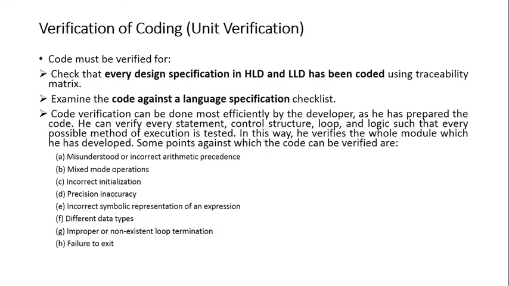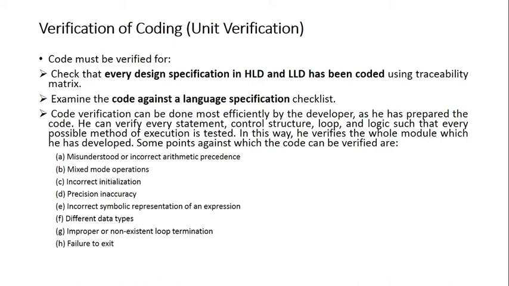Then comes the verification of coding, where we perform unit testing or unit verification. So code must be verified for every design specification, in high level design and low level design, using traceability matrix. Examine the code against a language specification checklist, that you have used all the syntax and semantics of that particular language.